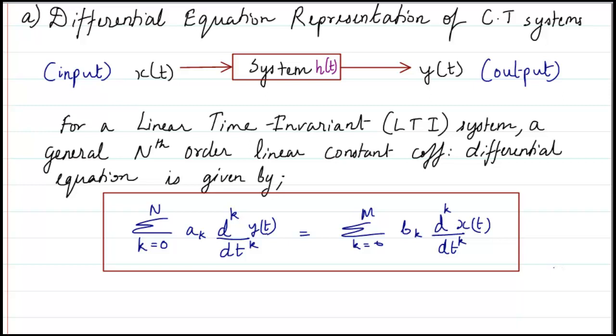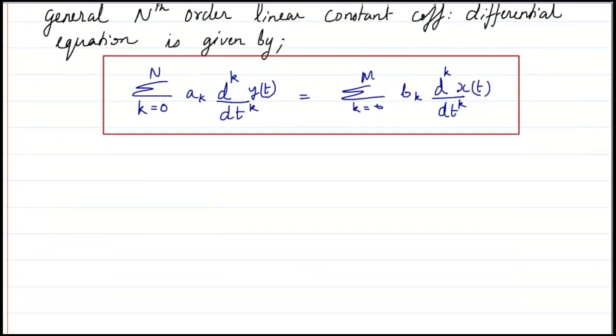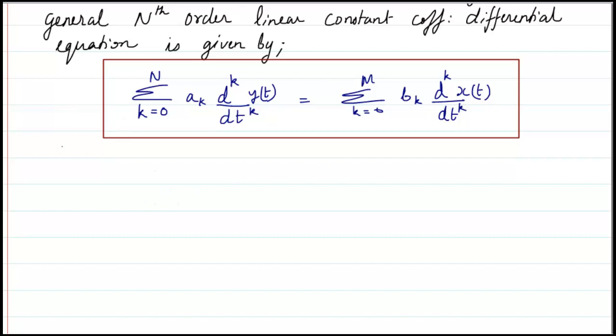If I expand this, then I can write, for the nth order equation, you can open up the summation. So I write a n d by dt of nth order y of t plus a n minus 1, that means just 1 less than capital N, d by dt n minus 1 of y of t.